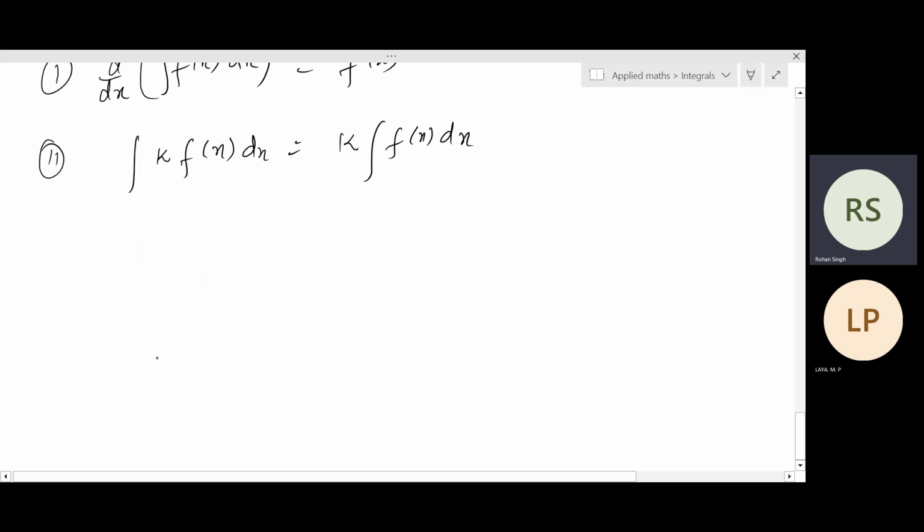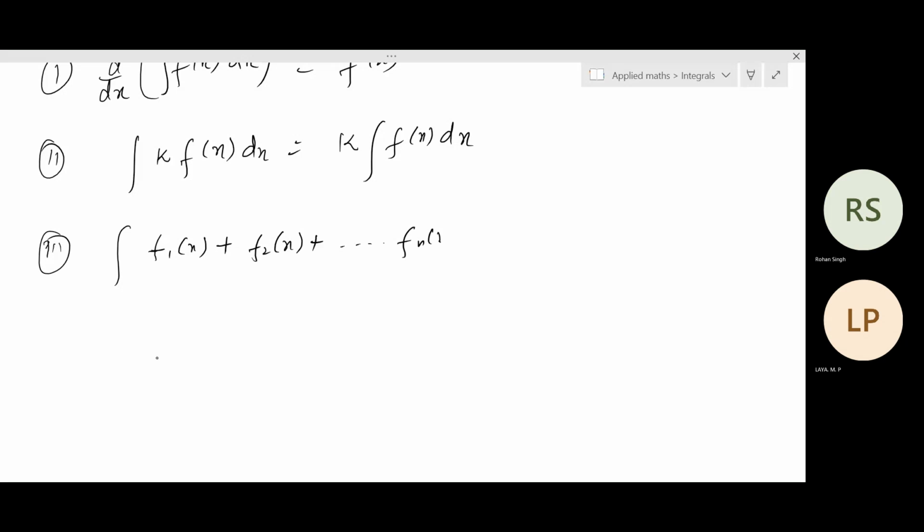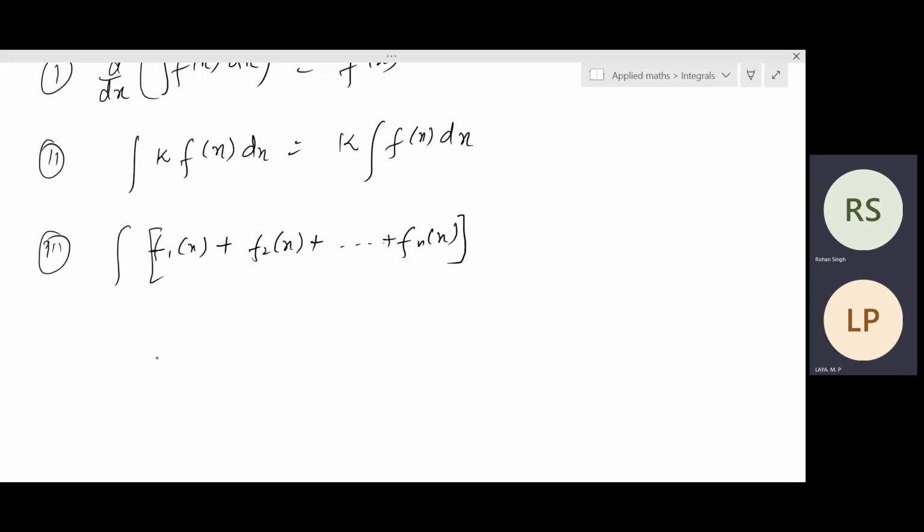And then the third one is, if you have f1(x) plus f2(x) plus f3(x) and so on, if you have n functions which you are adding, like a polynomial function, x square plus x cube plus x4 plus x5 and so on, and you are integrating that, then since this is inside the entire integral, you can break this integral over the entire functions.